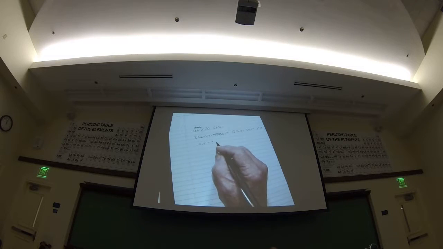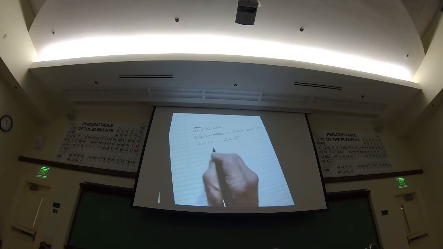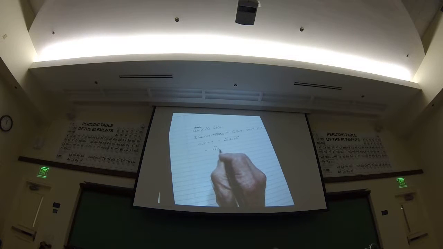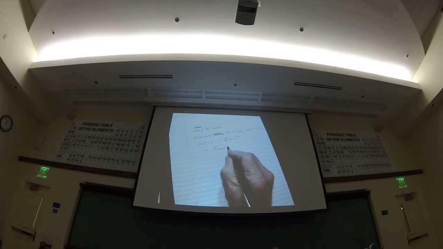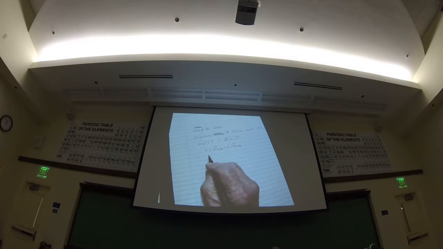Well, we got tables, these are in tables. It's just equal to the summation of nu i, H i naught. So it's equal to the standard molar enthalpy of benzene, 1 mole times that, plus 3 moles times the standard molar enthalpy of acetylene.